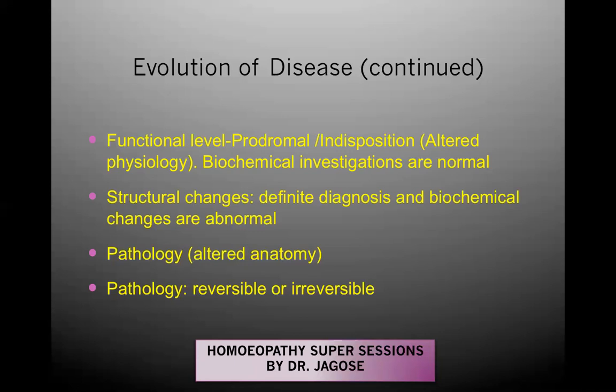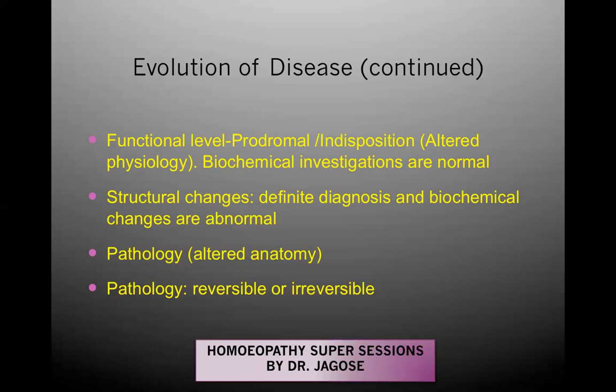So this is the important differentiating factor to identify an indisposition from a true chronic disease, because many a times indispositions mimic true chronic disease, and if you are not aware or if you're not a good observer, you may miss it out. So therefore, as I told you, the cause of indisposition lies external, and in a true chronic disease the cause lies internal, that is in the form of miasms.